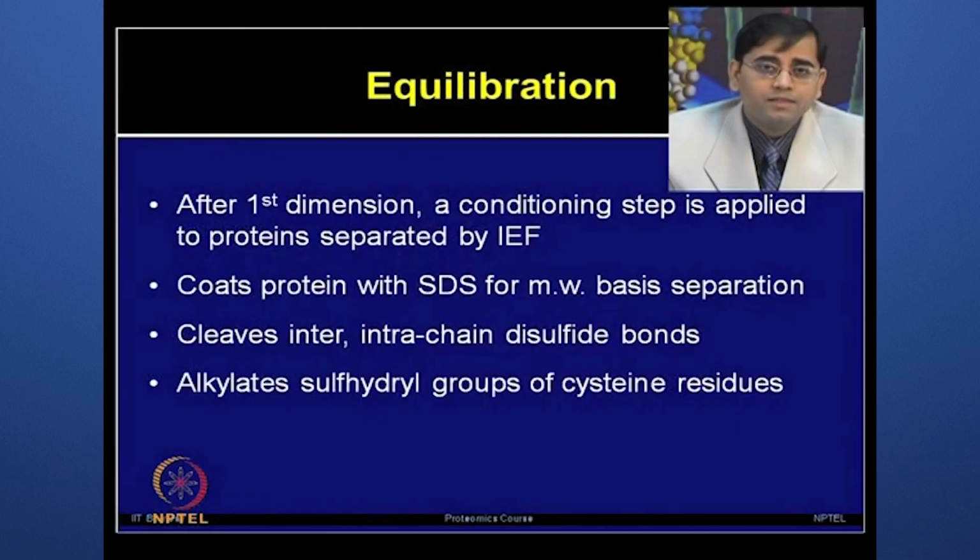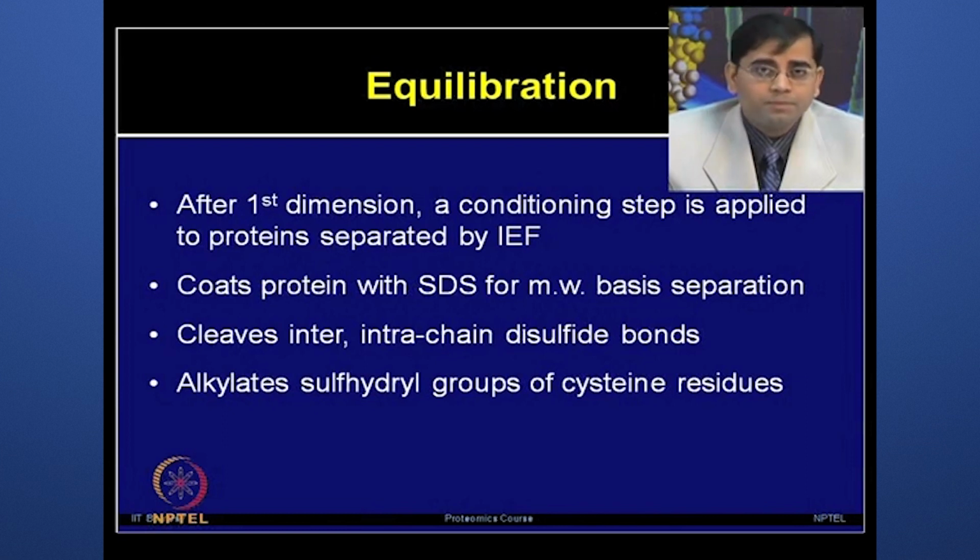After the first dimension separation is done, you need to coat the protein with SDS to make it compatible for SDS PAGE. SDS, sodium dodecyl sulphate, is an anionic detergent, and it provides negative charge for separation in the electrophoretic field.